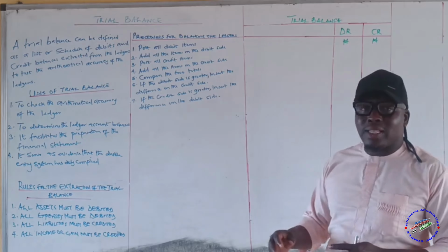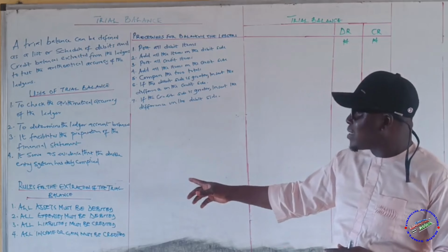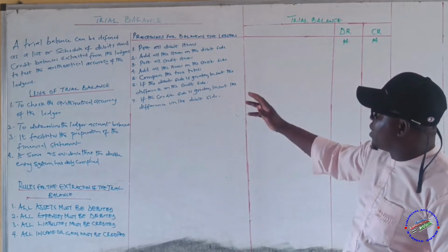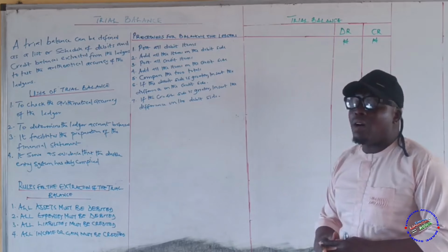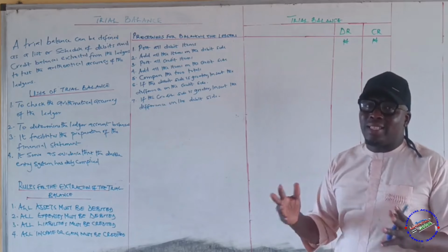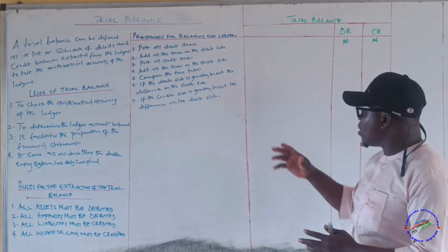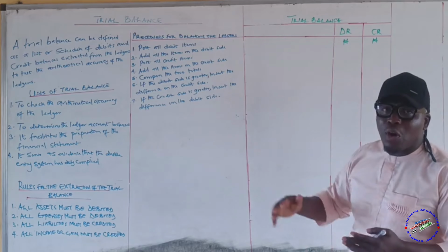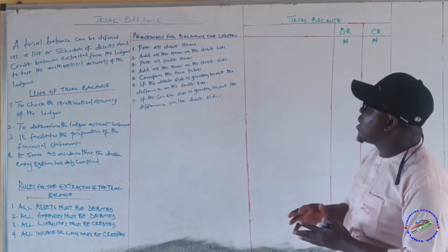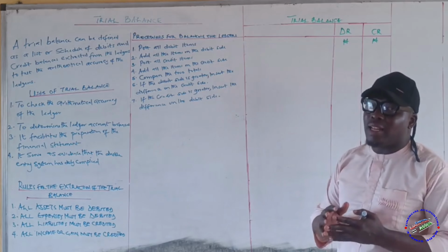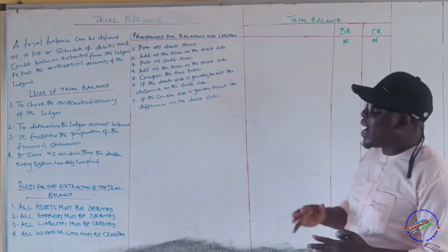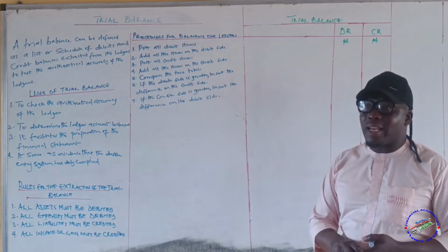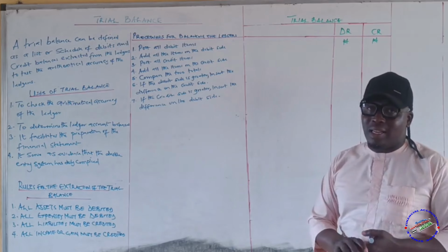Having looked at all these rules, we should now go into the procedures for balancing of the ledger. How do we balance a ledger? After posting, we must follow this procedure. Number 1, we must post all our debit entries on the debit side in the ledger. Add all the items on the debit side. We also post all our credit entries on the credit side in the ledger.